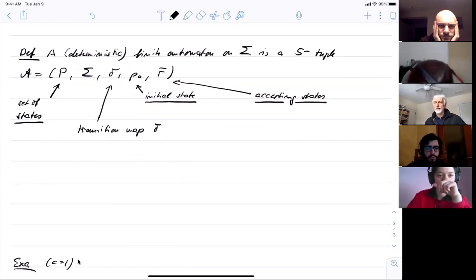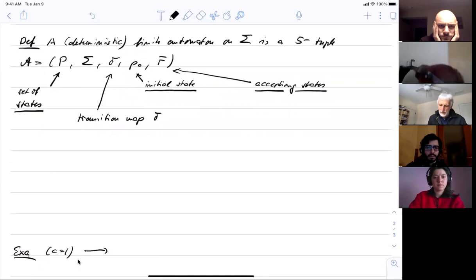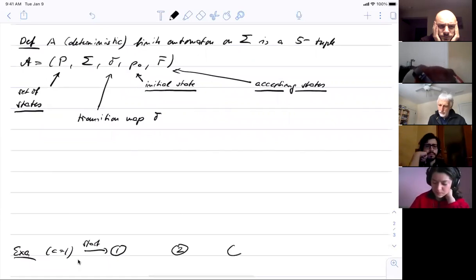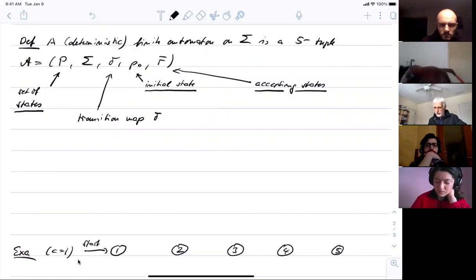And let's consider an automaton with just 5 states. So in this case, P has 5 elements.